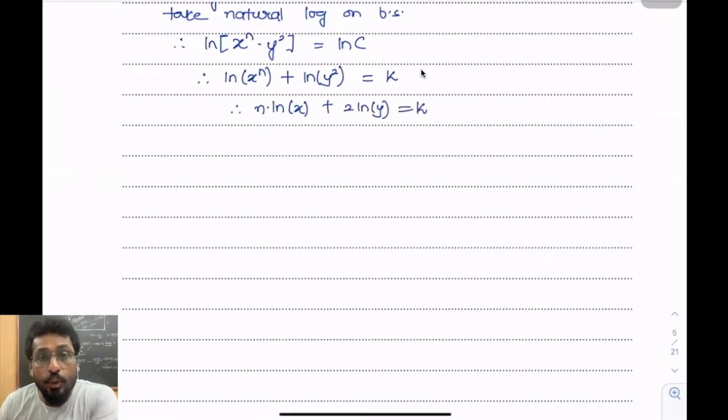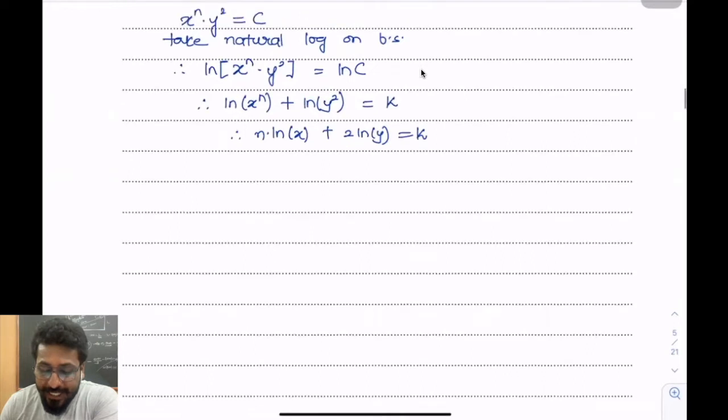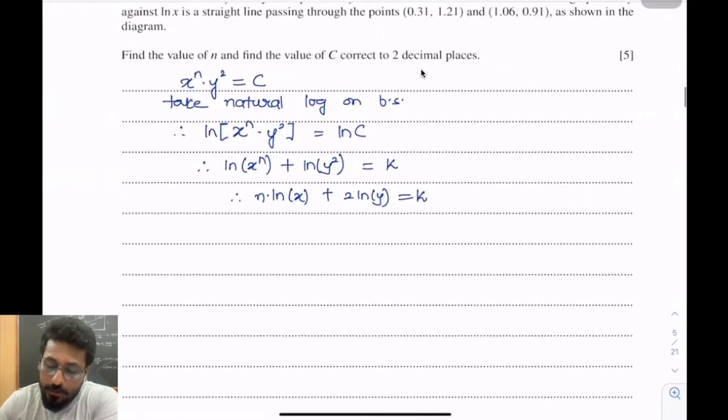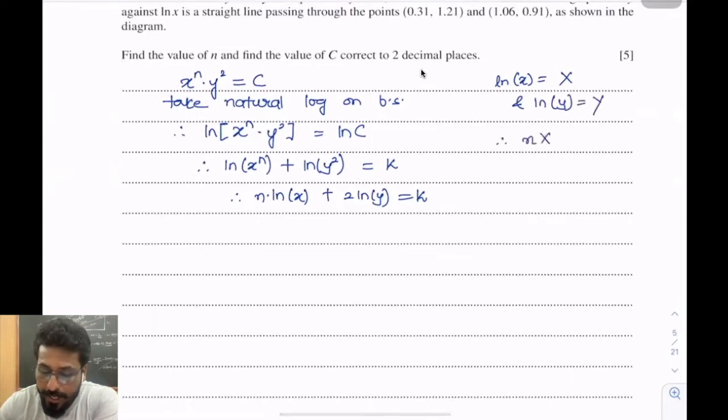Right, students? Now if I say that ln x is taken as capital X and ln y is taken as capital Y, wouldn't the equation look like nX + 2Y = k?